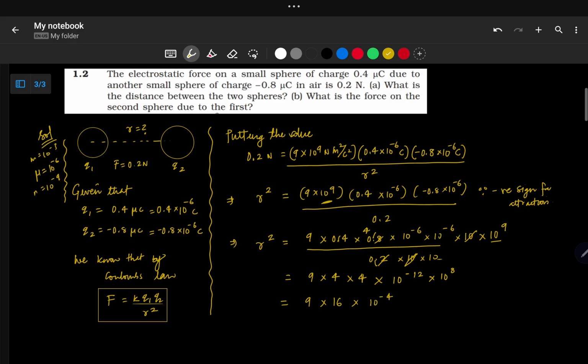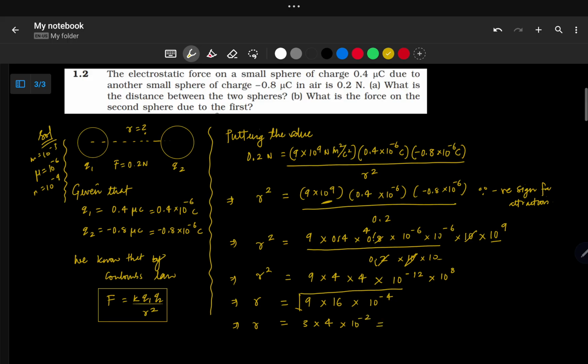Now this is simplified, and now we are going to take this root. After simplifying this term, we are going to take this root. So now we can get a good answer from this, and we also get convenience in getting this answer. So this r is now going to be 3 into, the root of 9 is 3, the root of 16 is 4, and the root of 10 to the power minus 4 is 10 to the power minus 2.